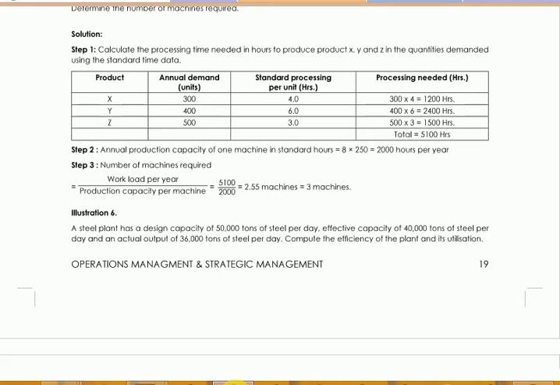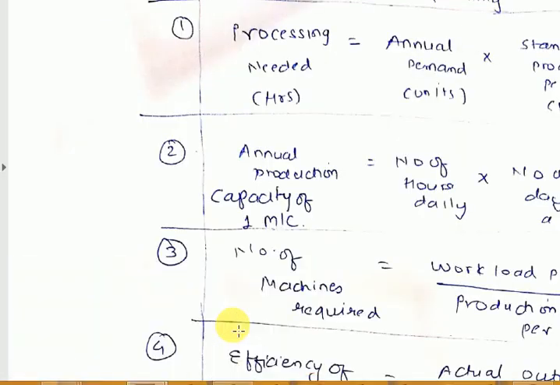Now the second step in this problem is to find out the capacity of one machine. As usual, if you refer to the list of formulas, we are using the second formula here. The formula goes like this: annual production capacity of one machine is equal to number of hours daily into number of days in a year.